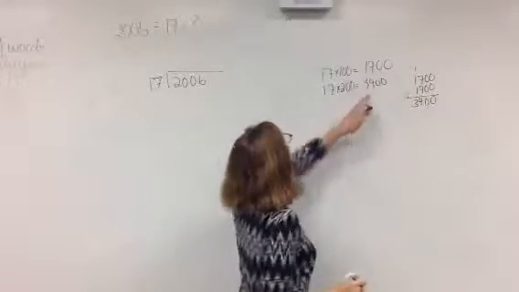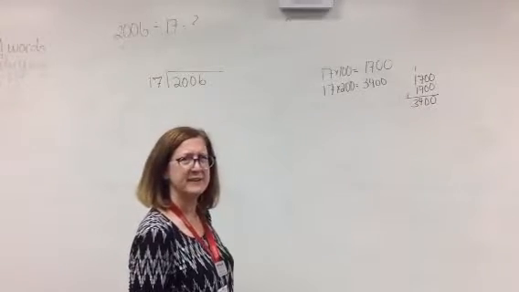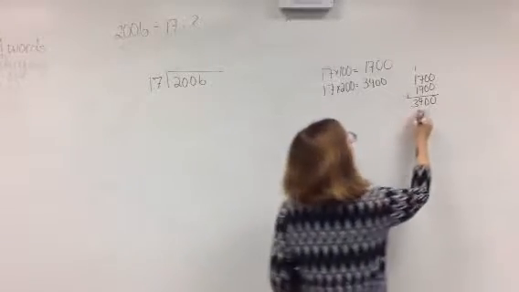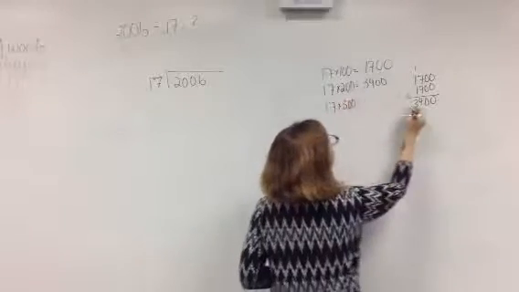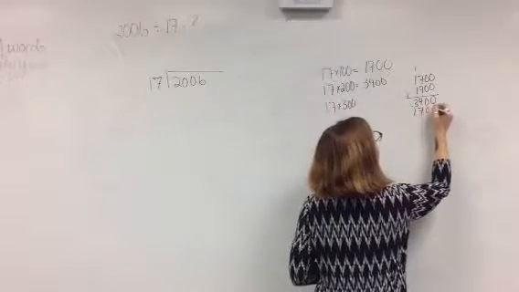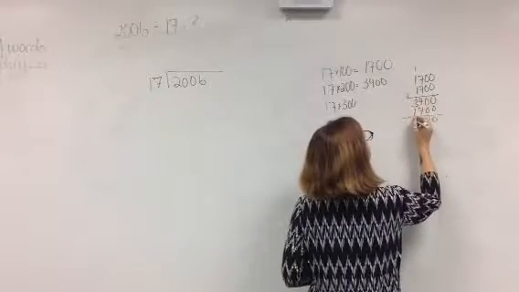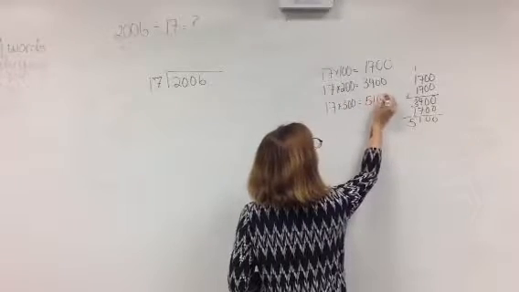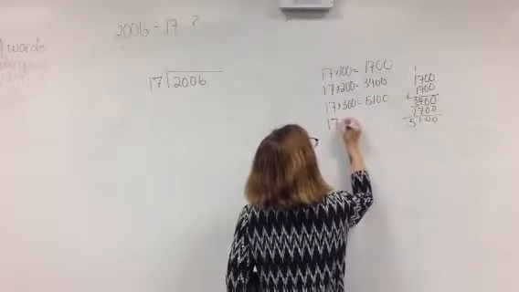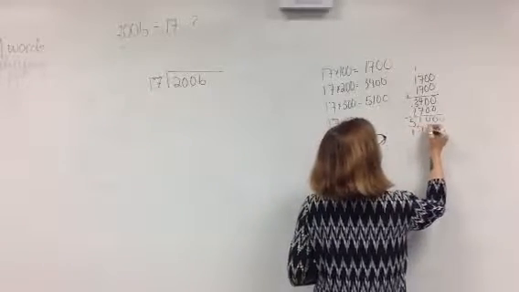Now, I can tell that I don't need to go any further, but I might need to go further for my next problem, so I'm going to keep going. 17 times 300 equals 5,100. 17 times 400, just going to add 1,700 again.